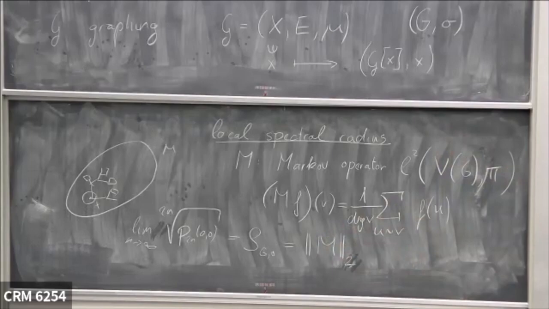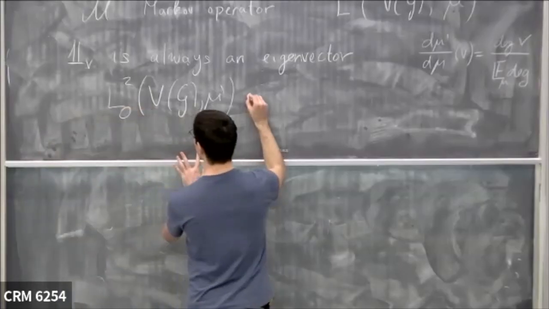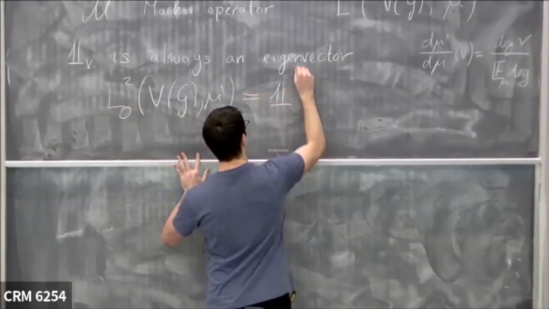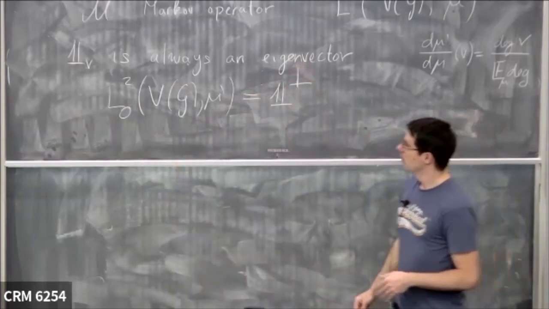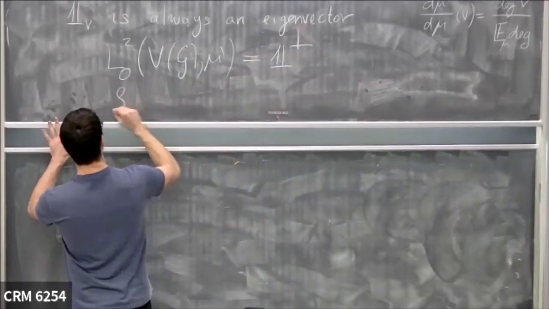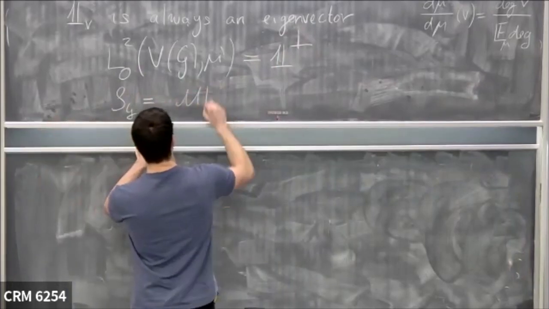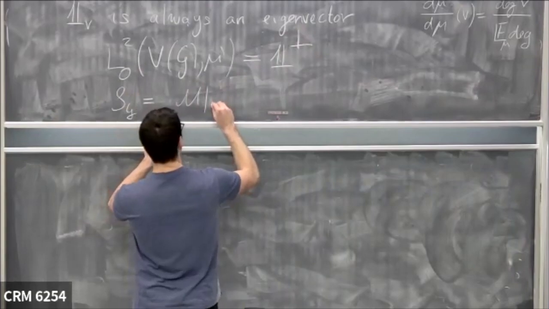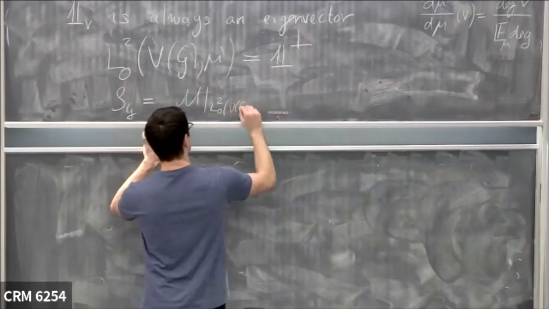I look at those functions in this space which average to 0, which is really nothing else than the orthogonal complement of my trivial eigenvector, and then I define the spectral radius of calligraphic G to be again the norm, restricted to this L20 space.